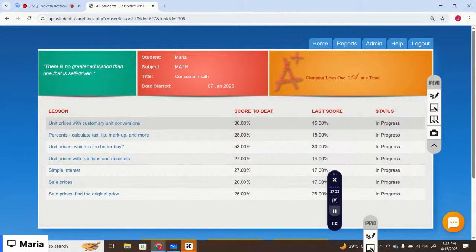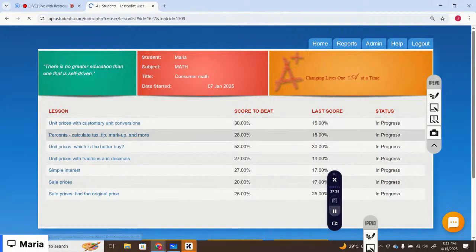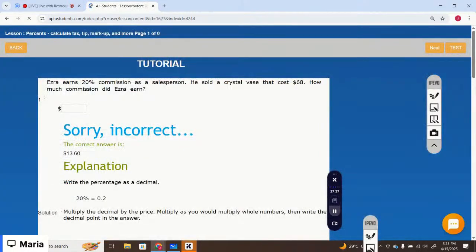The next lesson is percent calculations: tax, tip, markup and more. Let's just start with the lesson. Let's start with the first example.